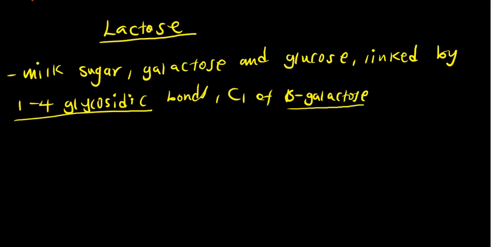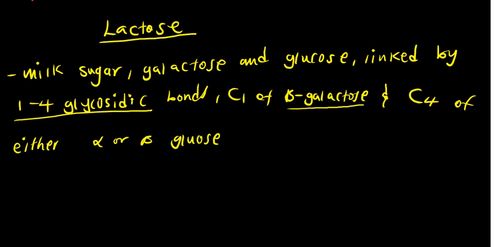And carbon 4 of either alpha or beta glucose. Yeah, so make sure you know the point as well. So for the galactose, it is specific. You have to use carbon 1 of beta galactose. But for glucose, you can use either the alpha or the beta glucose to form this glycosidic bond of lactose.